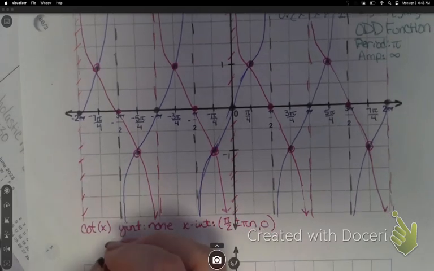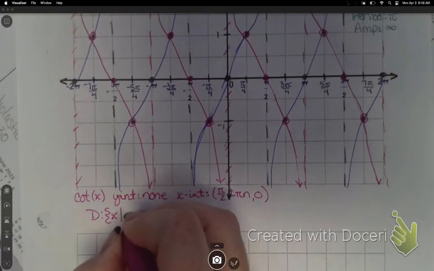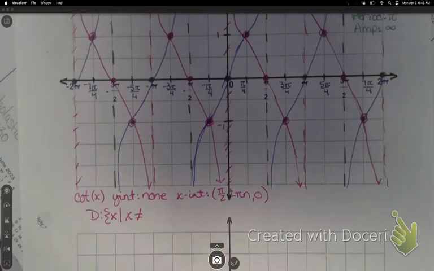Okay. Domain. What's not included in this one? Matt, what's not included? So where the asymptotes are, correct?